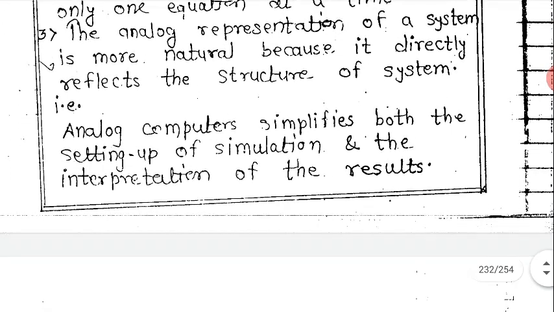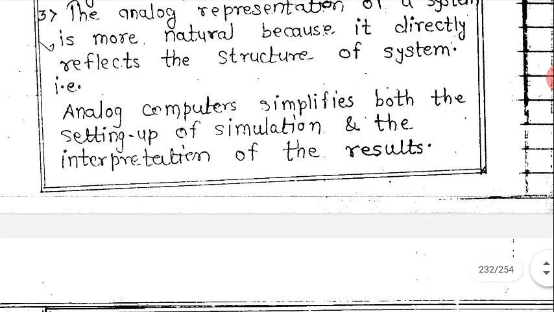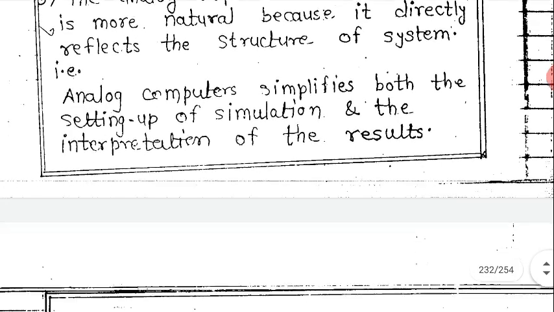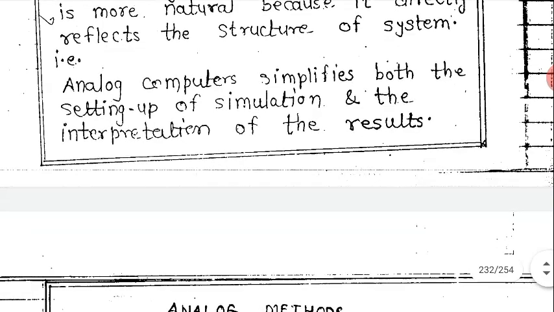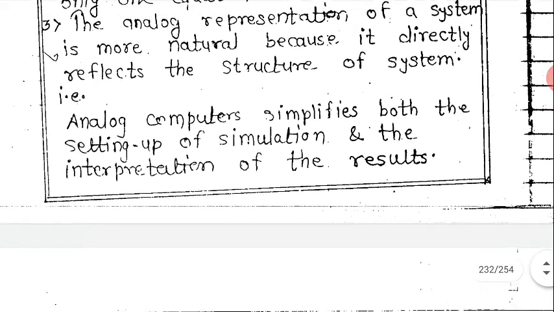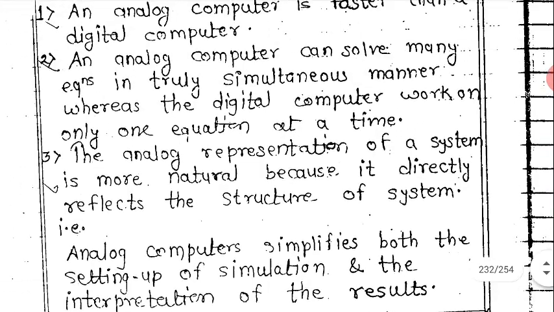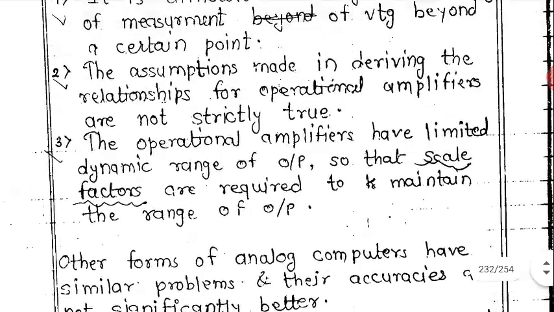The analog computer can also represent a system in a more natural way, because it directly reflects the structure of the system. So analog computers simplify both the setting up of the simulation and the interpretation of results. These are all the advantages of analog computers.